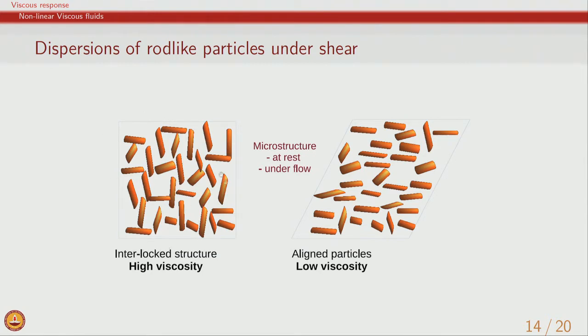Now, as soon as shear is applied to this kind of a dispersion with these long particles, there is an alignment. So, if you see here in this drawing, most of the particles are depicted to have aligned in the direction of the shear.